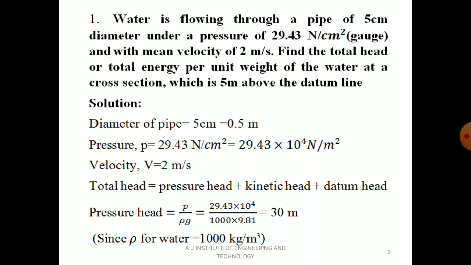You already studied different types of head, friction head, the head causing the flow, and various types of head in dimensional analysis. Its unit is meter, and I already used dimension L for head. So the unit is meter, 30 meter. By substituting the values of pressure, density and acceleration due to gravity, we got the pressure head as 30 meter, since rho for water is 1000 kg per meter cube.